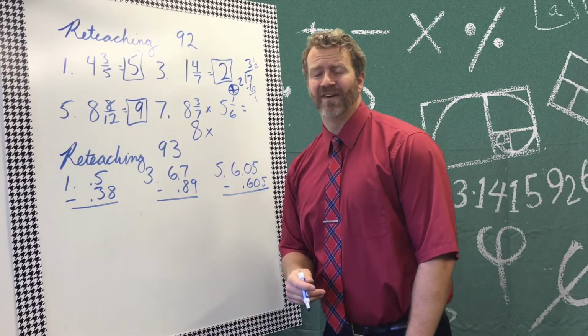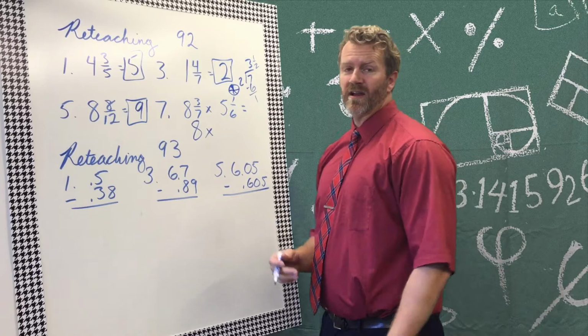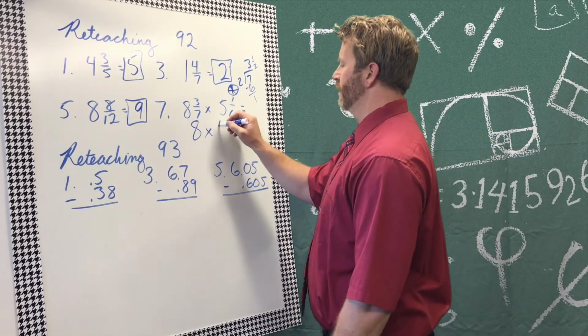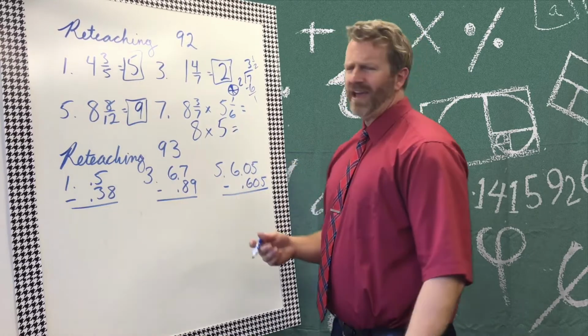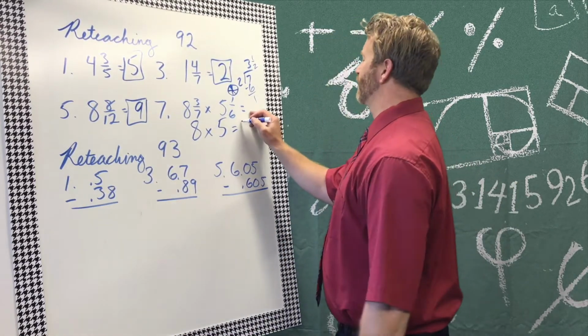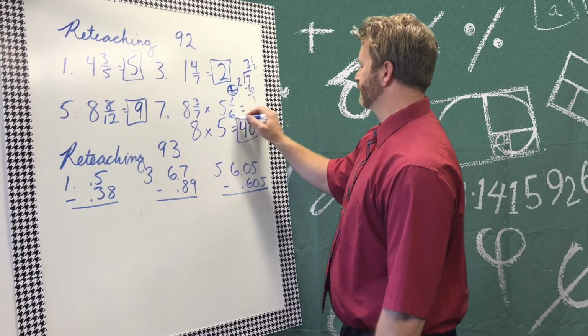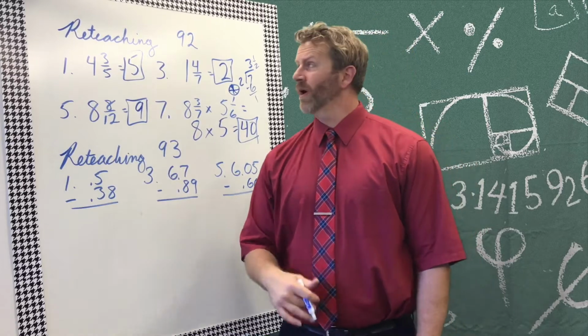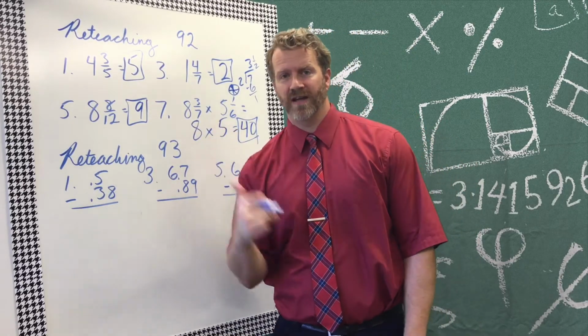Yeah, that's not half. All right, so once again, like we did here, we just drop it down to that first whole number. Just right to 5. And then Avery, what's 8 times 5? That's easy, right? Awesome. 40. Good work. All right, so go ahead and keep working through those problems on Reteaching Master 92.